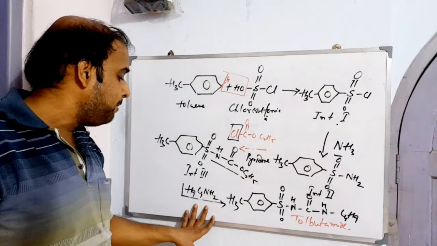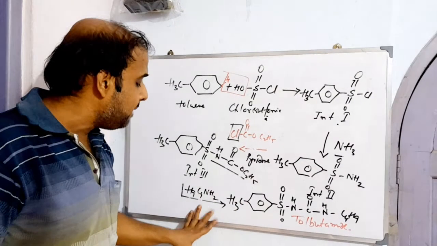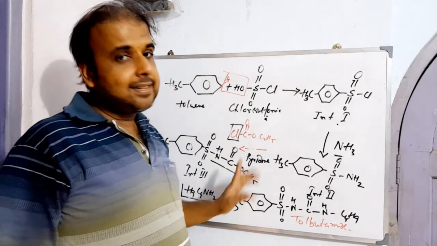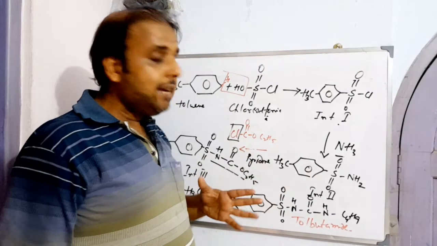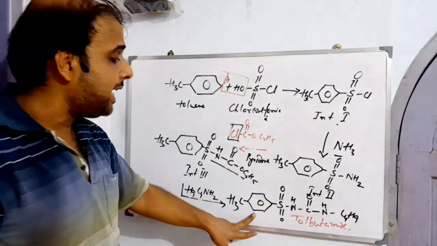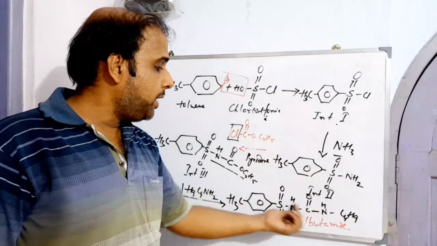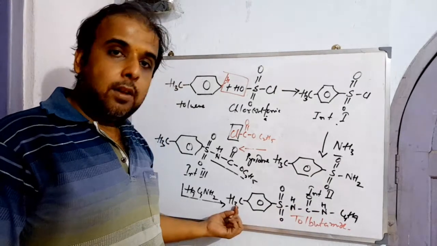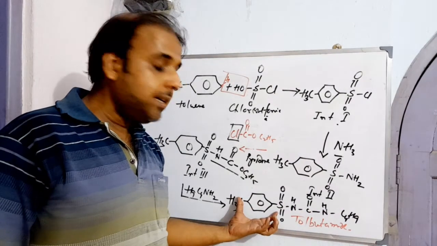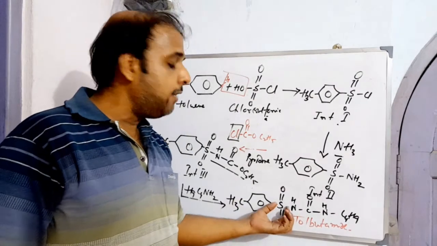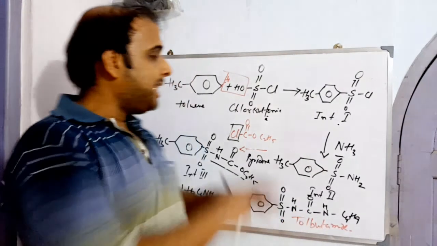In the presence of butyl amine. It is the butyl amine, one hydrogen, and C2H5O minus. Both should leave in the form of C2H5OH, leaving behind the butyl amino group. Thus we got 1-butyl-3-(4-methyl phenyl) should be within the bracket, right? Sulfonyl urea.